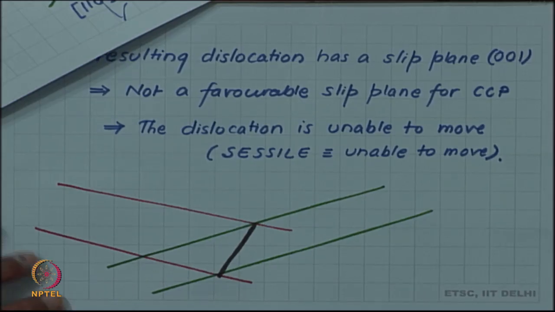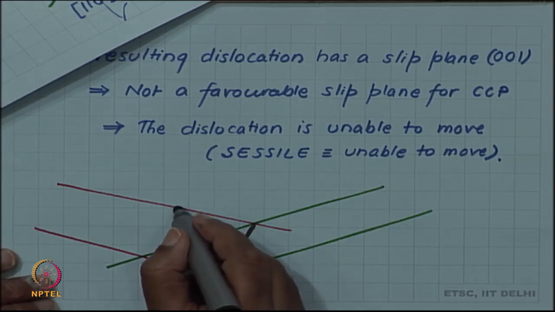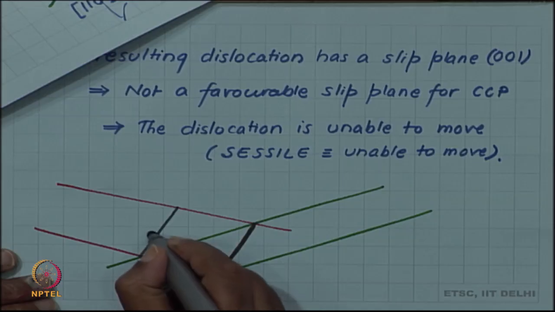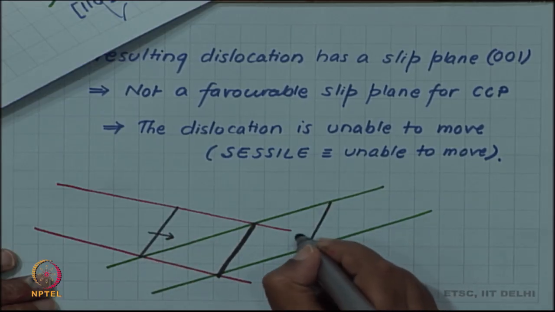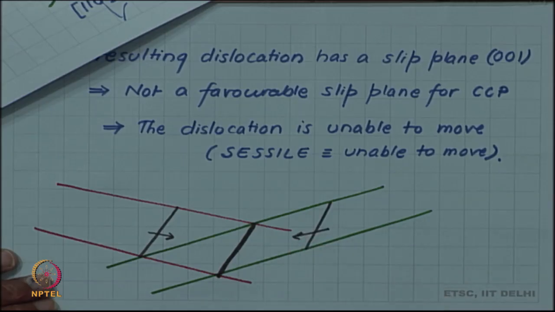It is a breakdown which has created now a traffic jam. Why so? Because now the other dislocations which will be moving in this direction will be repelled by this sessile dislocation.